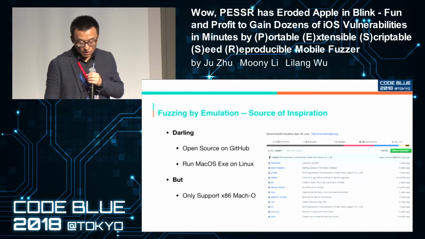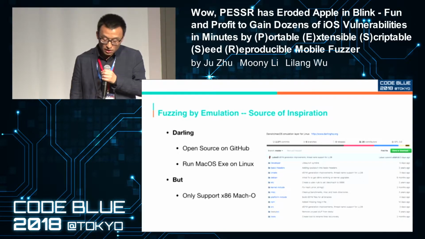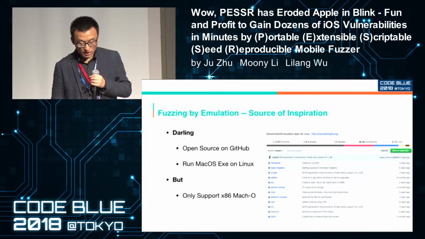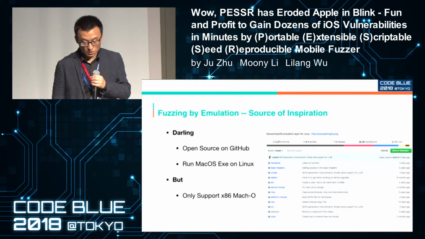In fact, there is already a similar open source project on GitHub. Darling is a translation layer that allows you to run unmodified macOS binaries on Linux. In its nature, it is similar to the well-known Wine project.